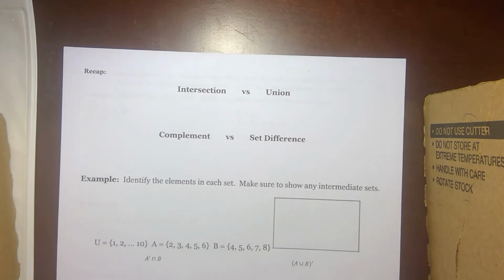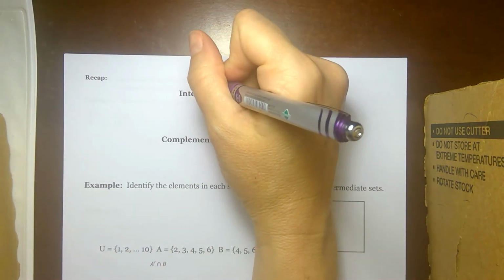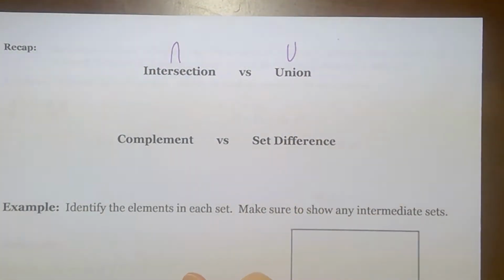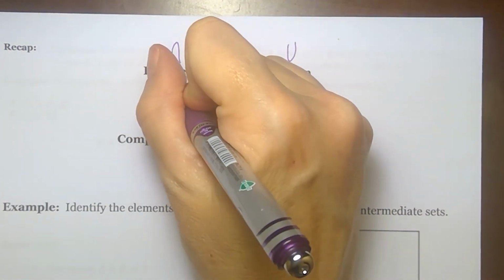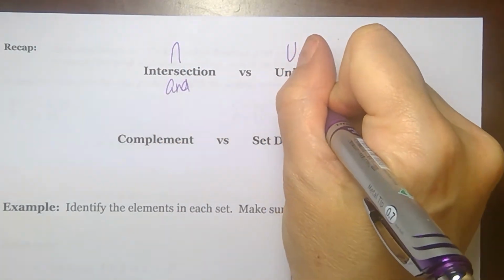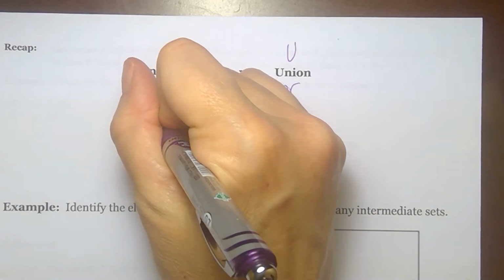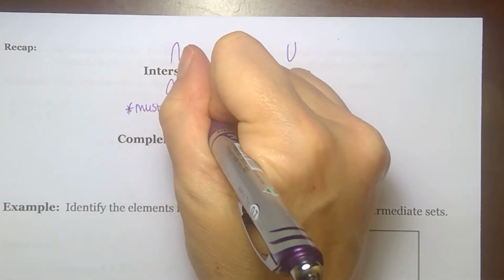We're going to start with a review of what we've been working on. Intersection versus union, complement versus set difference. First, we want to think about the symbols for intersection, union. Then we want to think about the keyword for intersection or union. Remember, intersection, it has to be in both, must be in both.